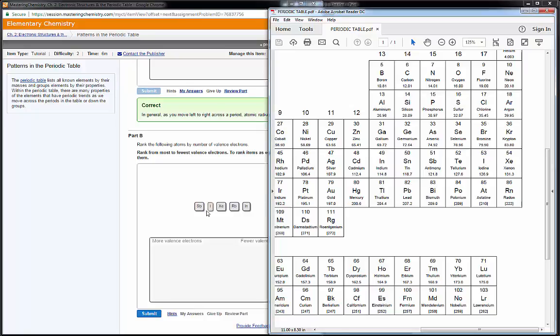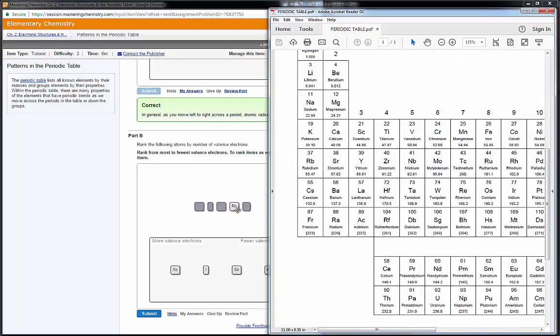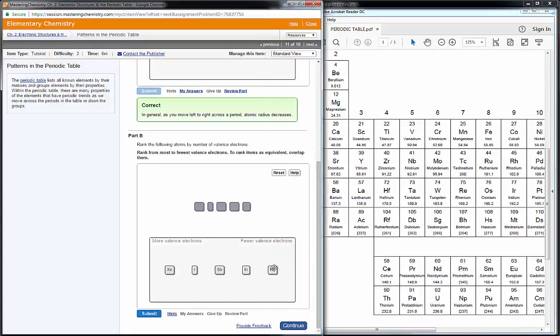So iodine has 7, xenon has 8. Indium here has 3. Sb, antimony here has 5. And rubidium, all the way at the beginning, has 1. So 1, 3, 5, 7, and 8.